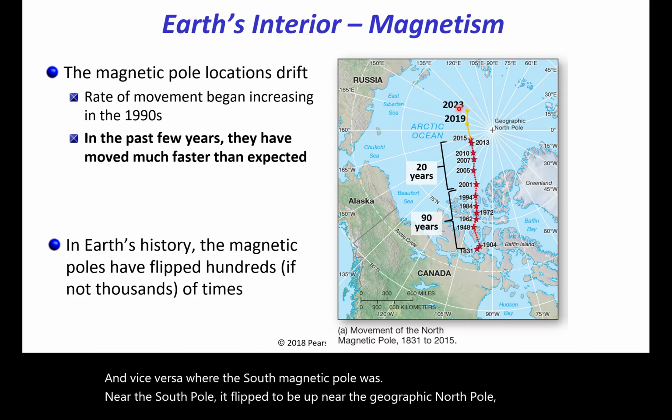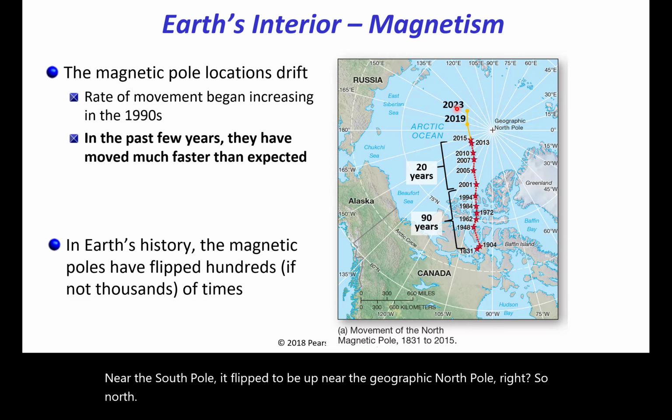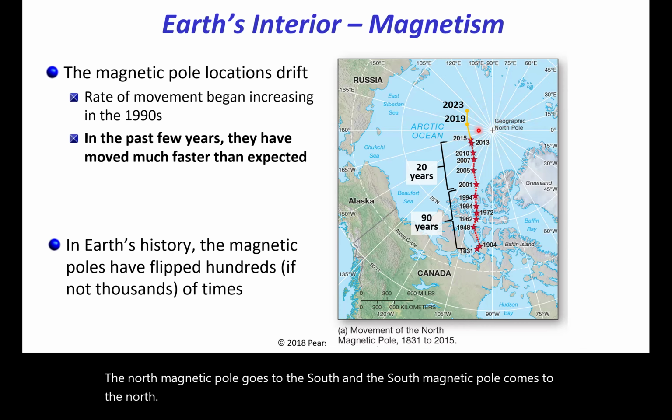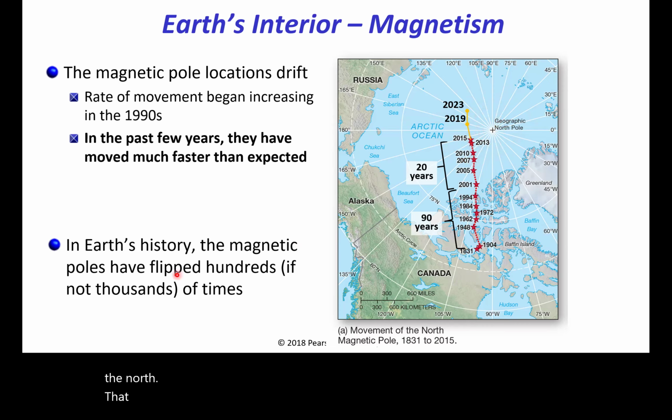So the North magnetic pole goes to the south, and the South magnetic pole comes to the north. That has happened, that we have evidence of, hundreds, if not thousands of times. I'm leaning more towards thousands of times.